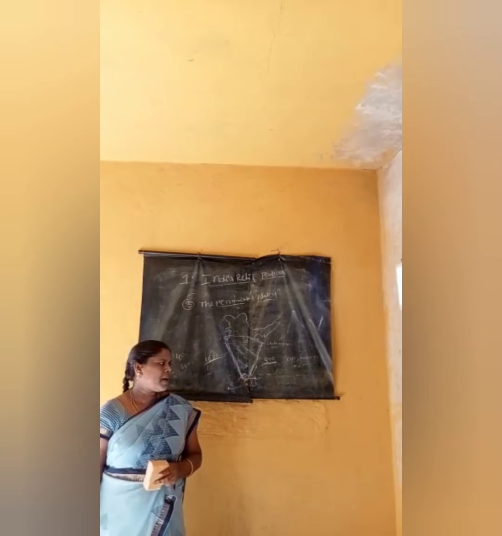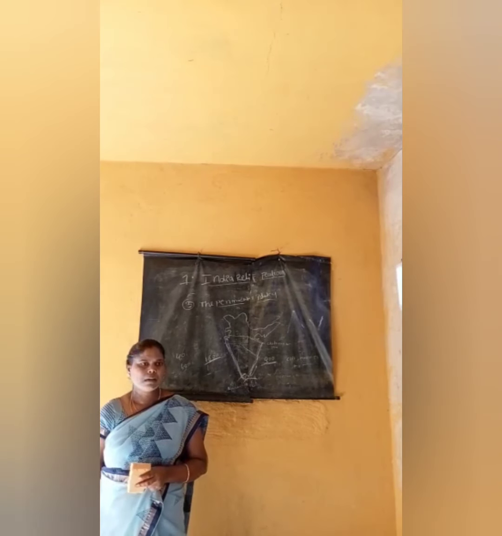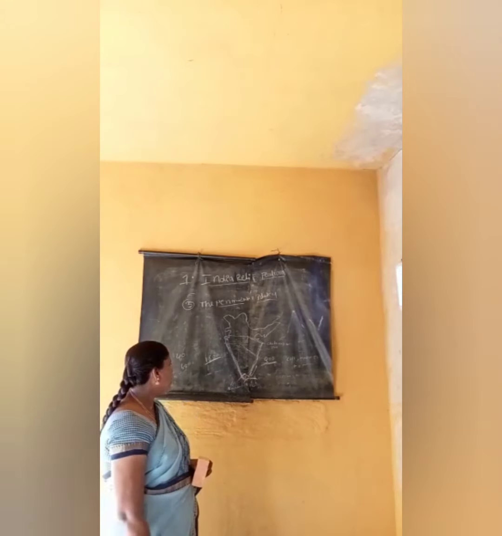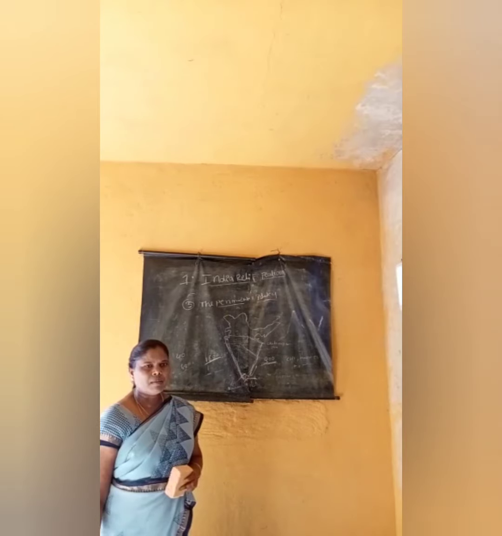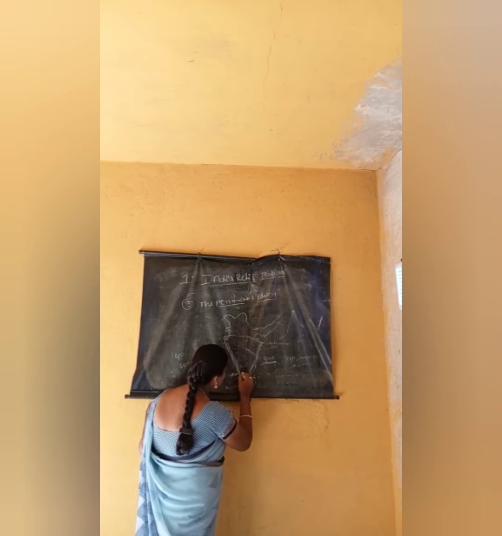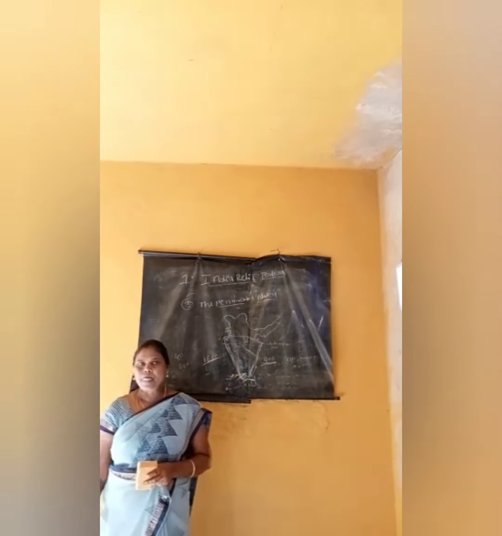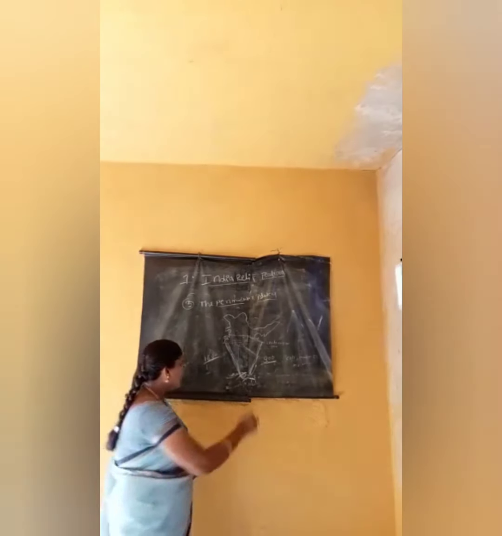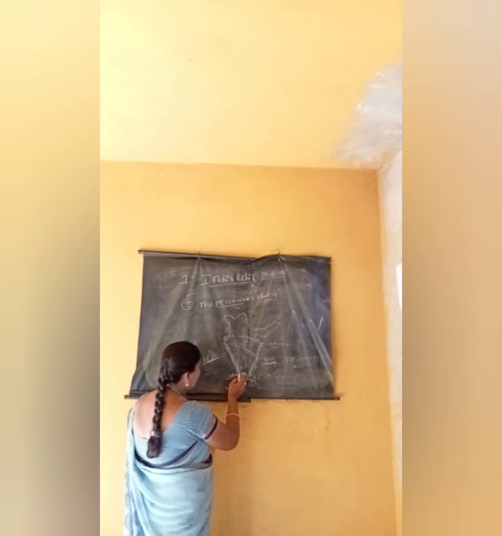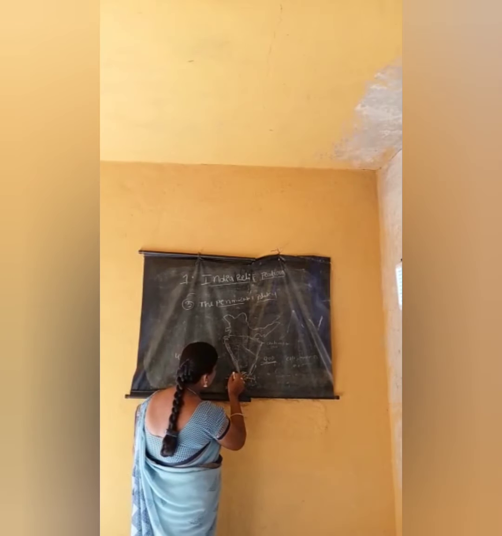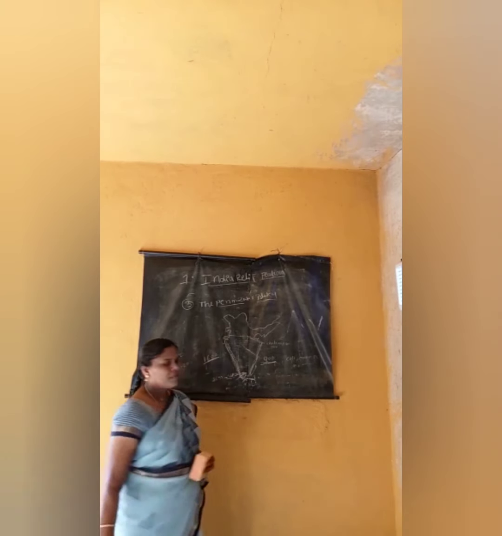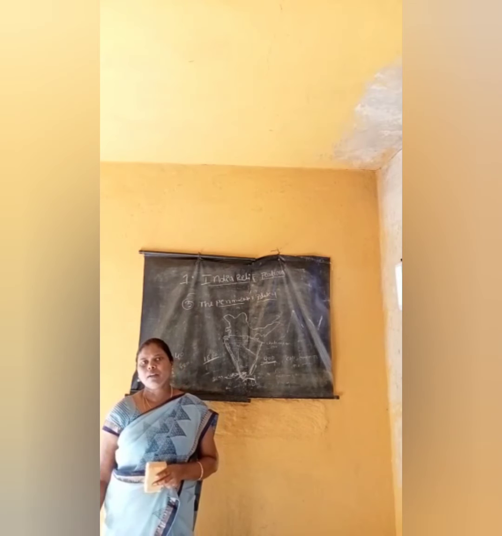The famous hill station Udagamandalam, Ooty, is located in the Nilgiris. Dodabetta, at 2,637 meters, is the highest peak in the Nilgiris.